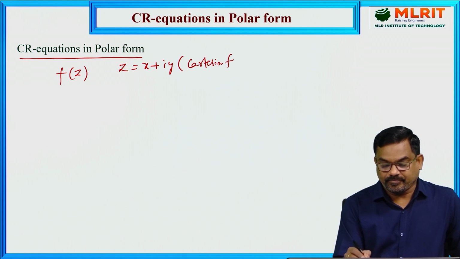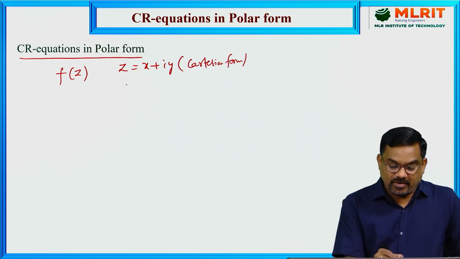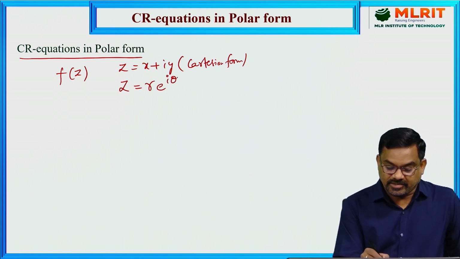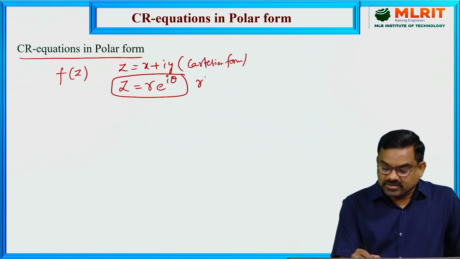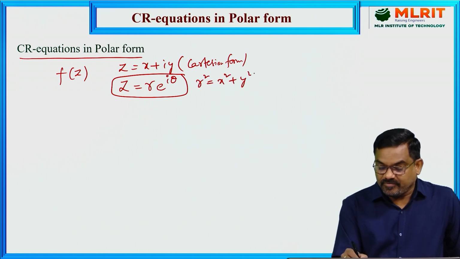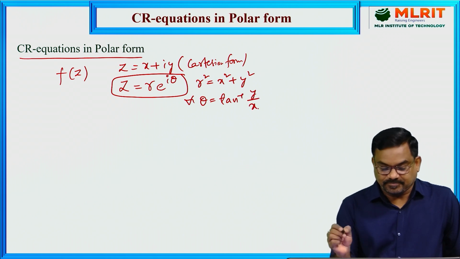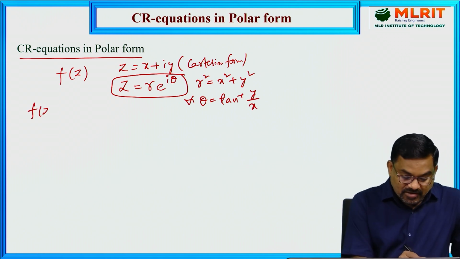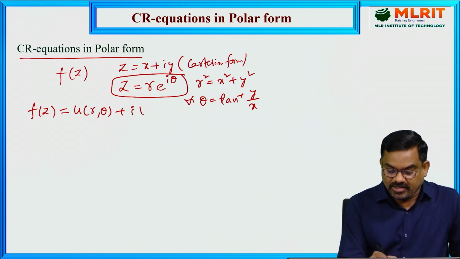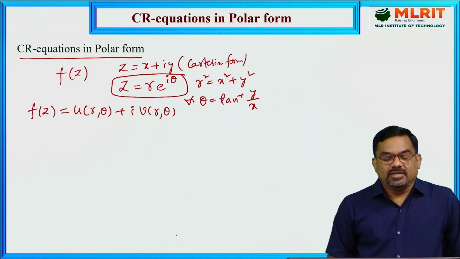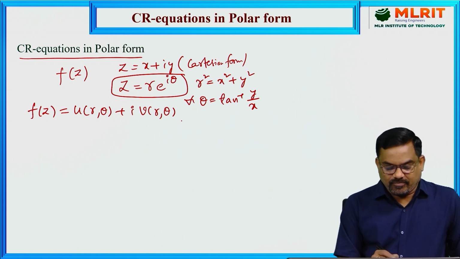In polar form, z equals r e^(iθ), where r squared is x squared plus y squared and θ is tan inverse y by x. So the function f(z) can now be written as u(r, θ) plus i v(r, θ). So, completely it is in polar form.